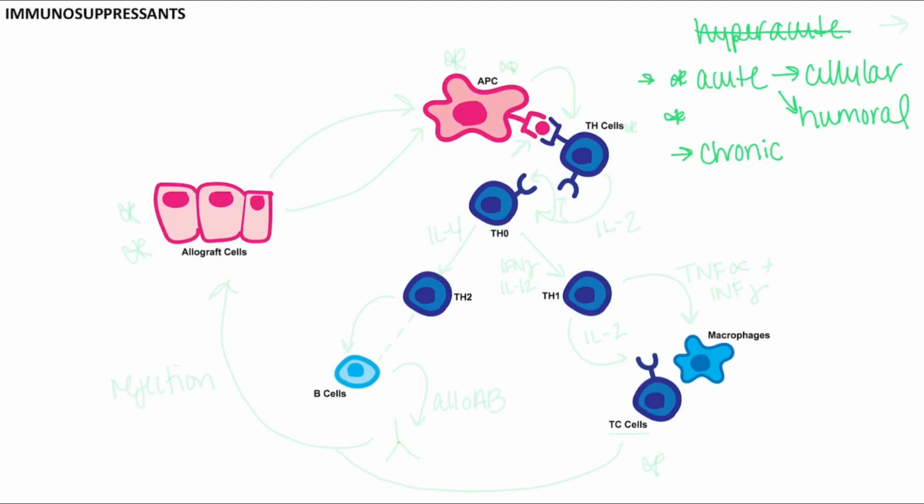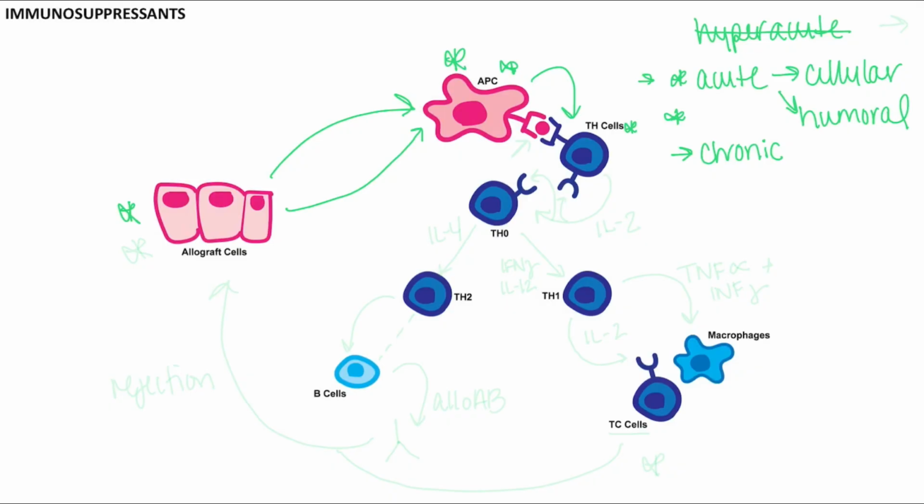So we will start over here with our donor allograft cells, which may either include donor antigen presenting cells or APCs that interact directly with recipient T helper cells, which I'm showing you here as TH cells, or donor alloantigens can be taken up and processed by recipient antigen presenting cells to then present these antigens to those naive T helper cells.